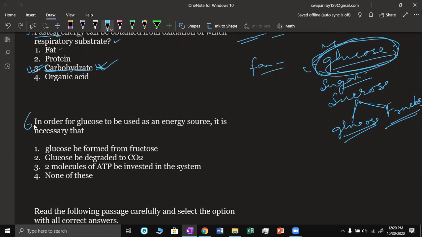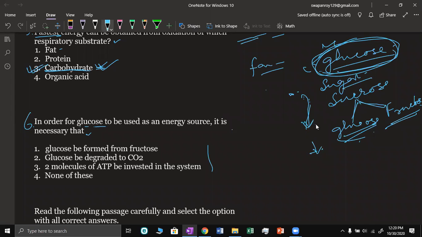Question number 6. When glucose is to be used as an energy source, what is the necessary condition? Glucose be formed from fructose? No. Glucose and fructose are isomers. In glycolysis, you have seen that the first compound is glucose. Then this glucose is converted into fructose.